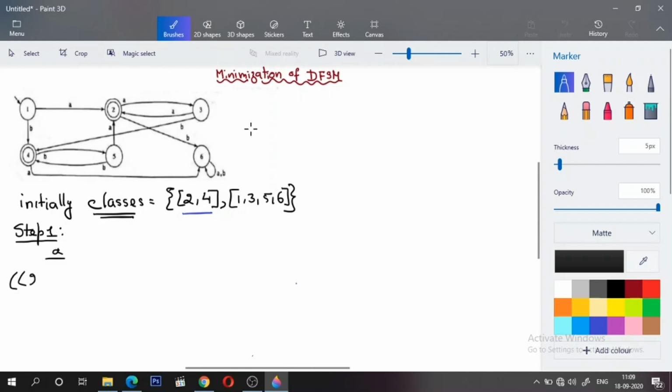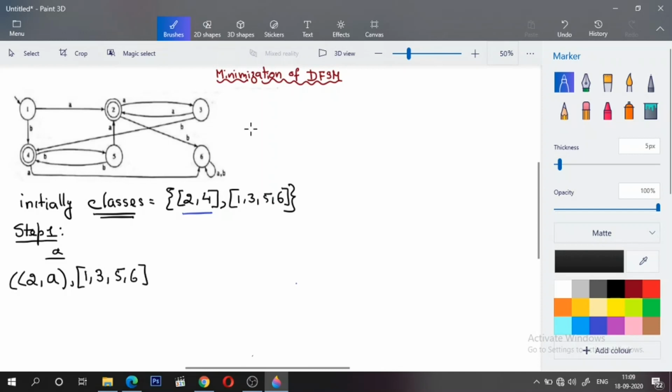So 2 upon A, where does the transition occur? 2 upon A will make a transition to 3, isn't it? And 3 belongs to the class 1, 3, 5, 6. So I need to write that 2 upon A will make a transition to the class that contains 3. Okay, so I'll write it in this way.